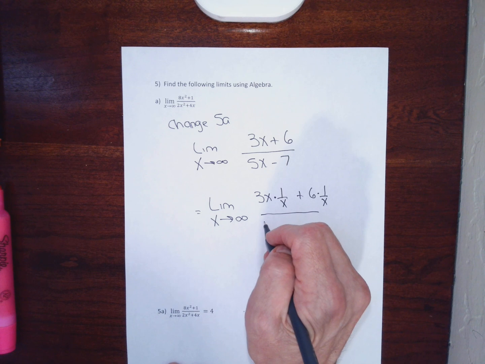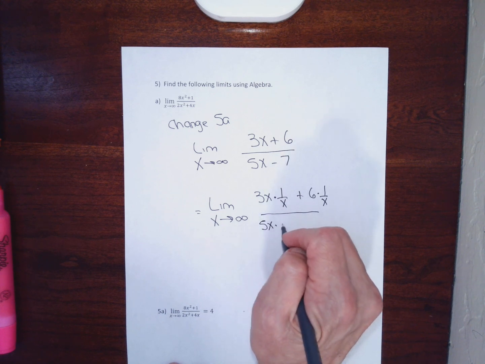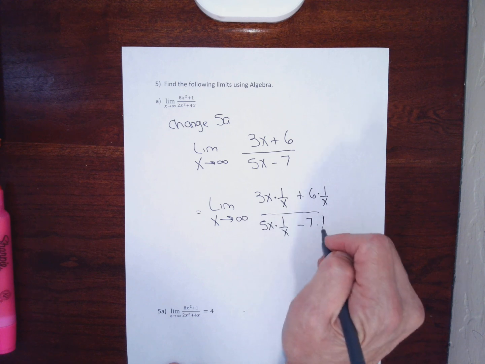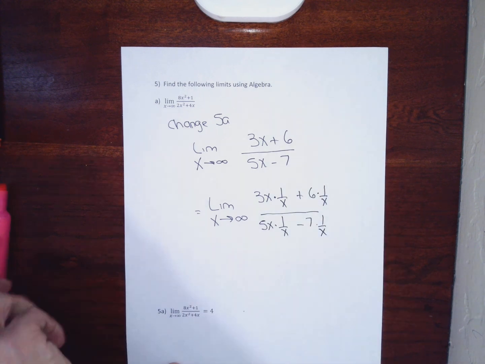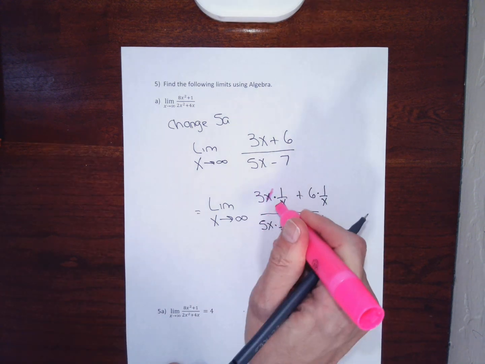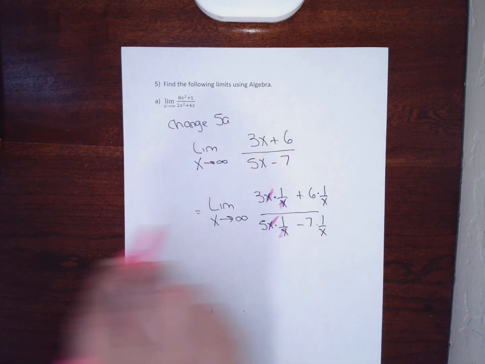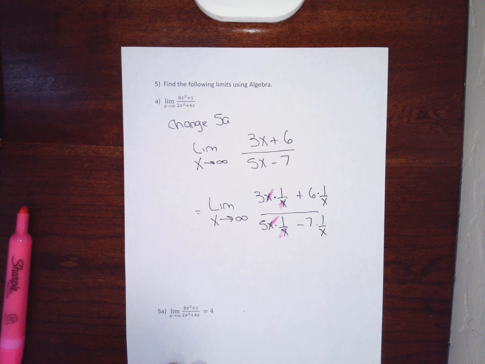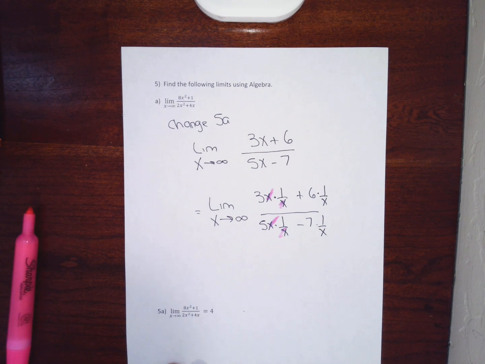I'm going to multiply 5x times 1 over x, and minus 7 times 1 over x. The first piece in the numerator and the first piece in the denominator, the x's are going to cancel. I'm just going to be left with a number. The second pieces in the numerator and the denominator are going to turn into fractions.